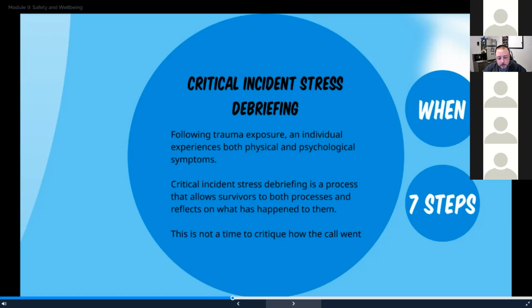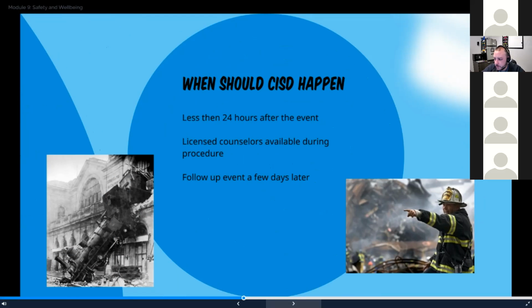It's just like we talked about before: if somebody held up a convenience store and somebody shot somebody, every single person that witnessed that robbery is going to have a different story, a different recollection, a different view of what happened. It all depends on where they were standing or their views in life. So we have to remember that when it comes to critical incident stress debriefings too, everybody has a different view.